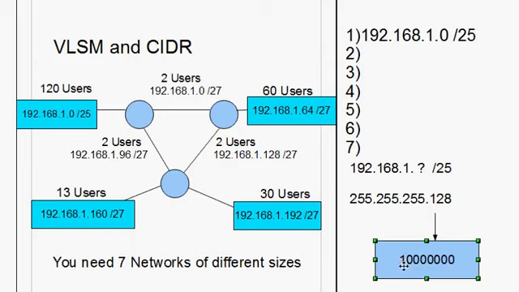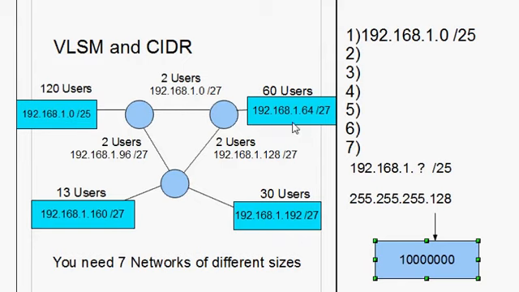So that'll make 128 addresses. Out of those 128, 126 are usable because we need the first address for the network number, and the last address is the broadcast address. So this will be the 0 network /25.